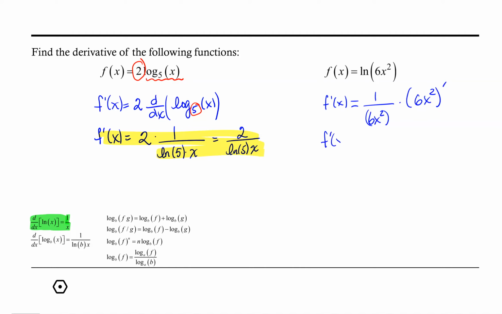So continuing, we get 1 over 6x squared times, now the derivative of 6x squared is 6 times 2x to the first power. So our f prime of x will be 12x over 6x squared.